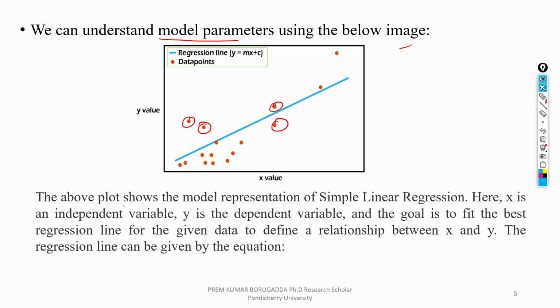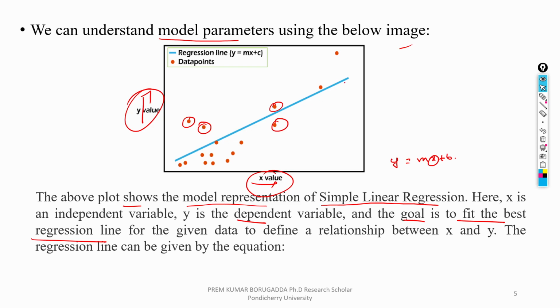The plot shows the model representation of simple linear regression. The simple linear regression formula is y is equal to mx plus b. Here x is our independent variable and y is our dependent variable. Our goal is to fit the best regression line.